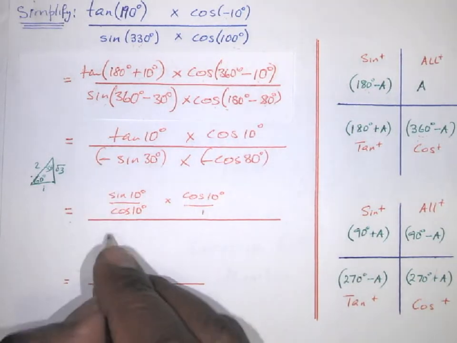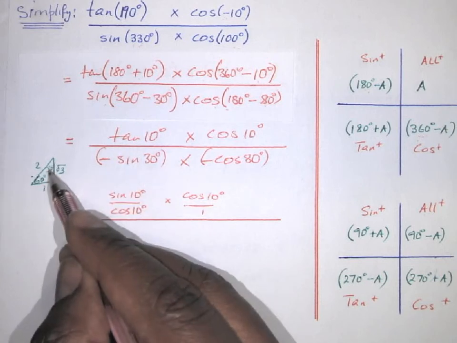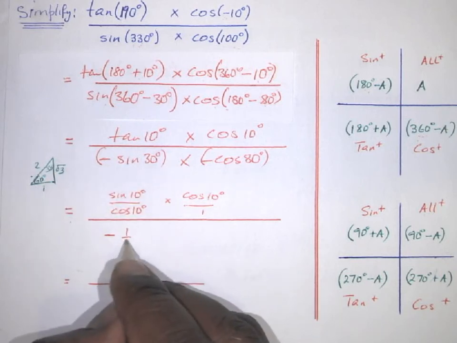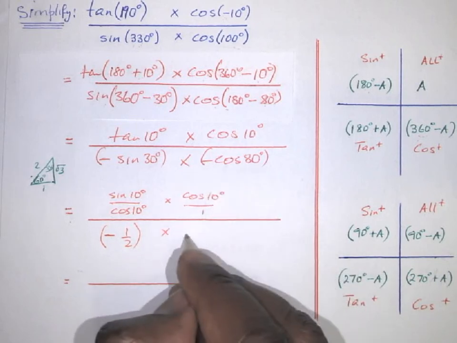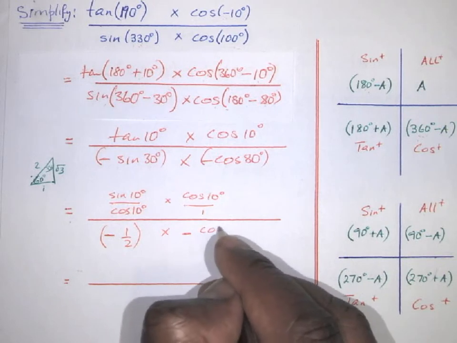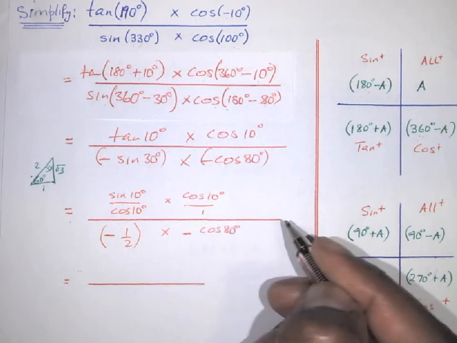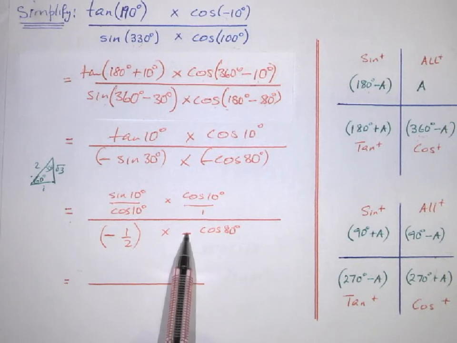And now this one here is minus. Now sine of 30 degrees is 1 over 2. So it's 1 over 2 there. I put a bracket there. So it's multiplied by. There is a negative and negative there. Cos of 80, there's nothing I can do. So this is cos of 80 degrees. Okay, so obviously when I'm multiplying this and this, I would get a positive answer.